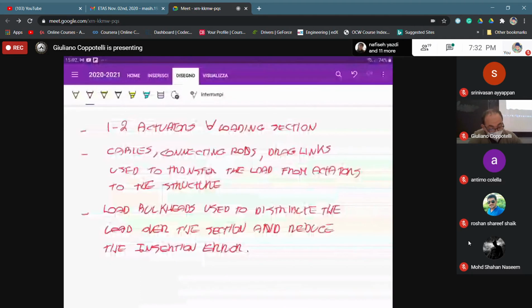In addition to that, what we have also to consider proper constraints and ballast.